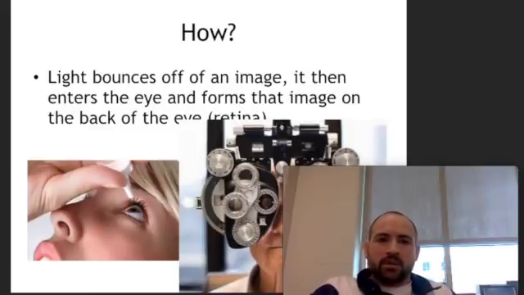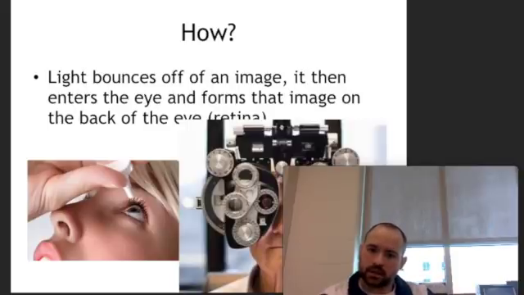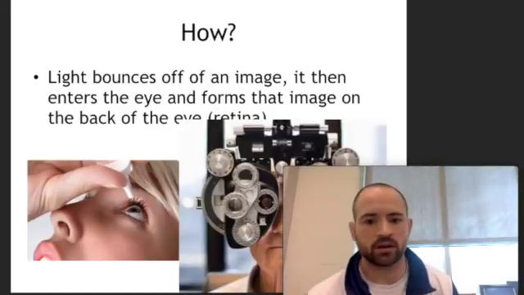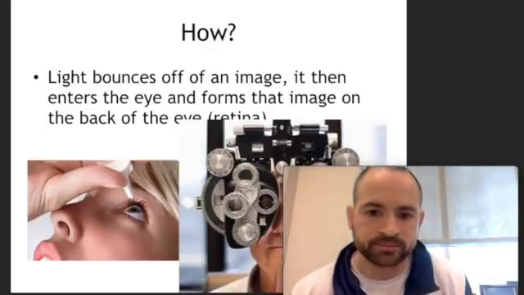So what's taking place for you to look at this video right now is light is bouncing off of an image, like the screen, right? Your screen is emitting light, and that light is entering your eyeball.